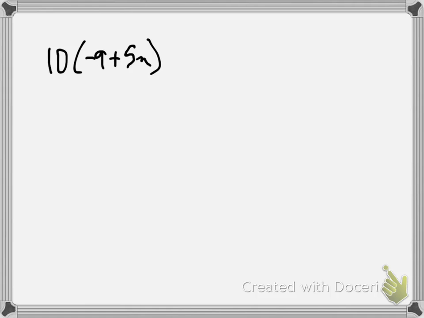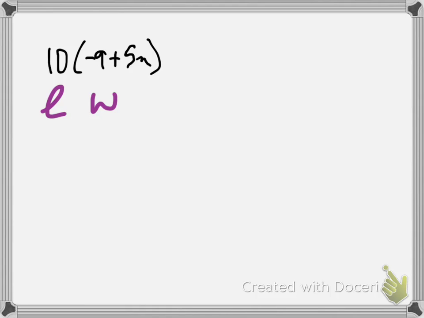Now, in reality, using negative numbers in area doesn't make a whole lot of sense. But the process is the same. So here's what I want to look at. It says model the distributive property with area of rectangles. So this represents length times width.